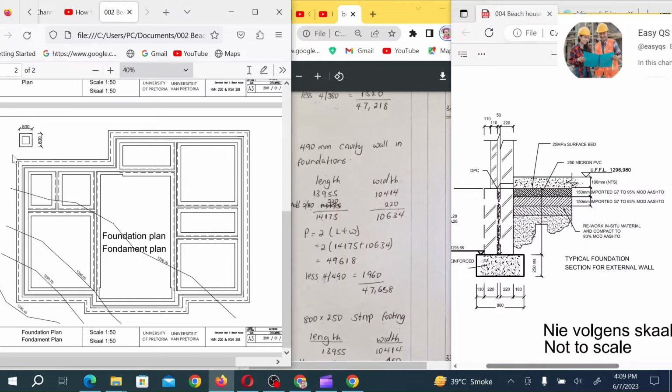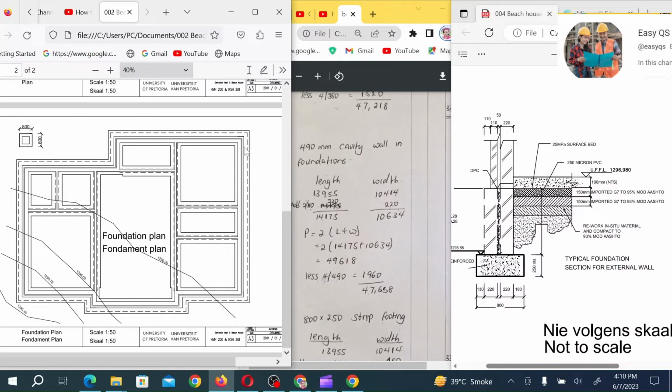The total length for the cavity wall was from here to here. Now we need to go an extra mile here and an extra mile here to the broken line. So if this one from here to here was 13,955, then you are told this spread is 110 and this spread is 110. So it's 110 times 2. We add to the length.